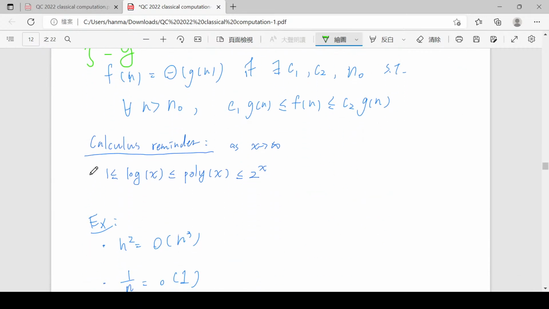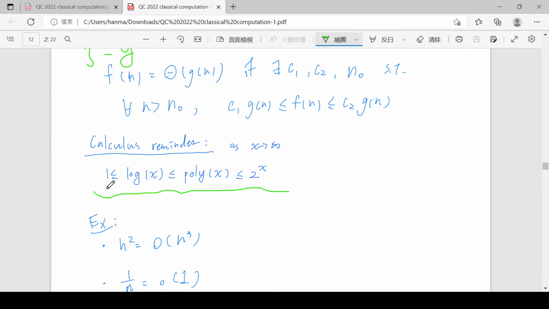And now there is quite an important cheat sheet here. This thing, hopefully you learned in your calculus. So we have about 4 scaling groups that we care most about when x goes to infinity.